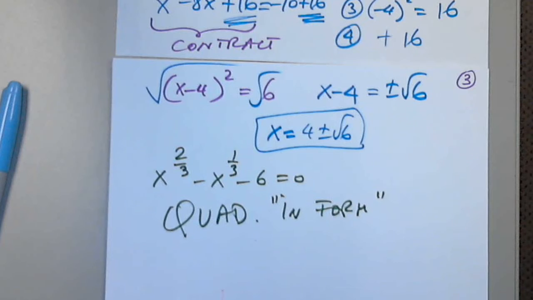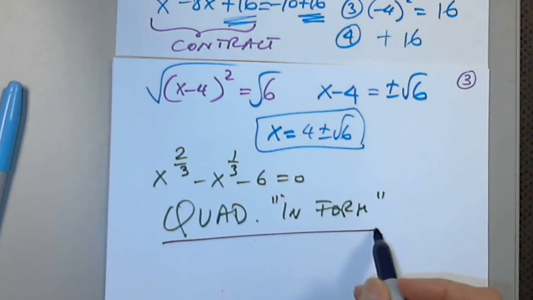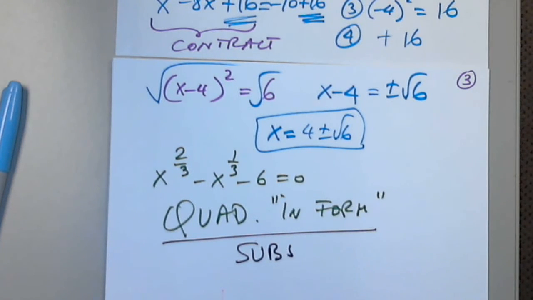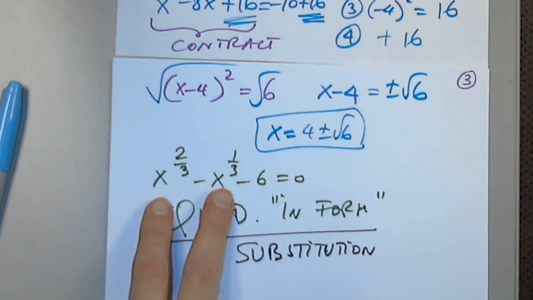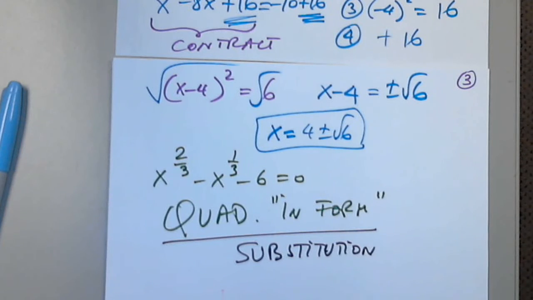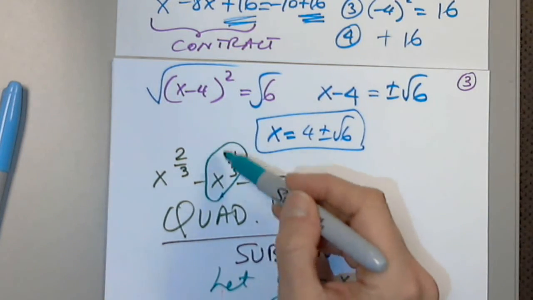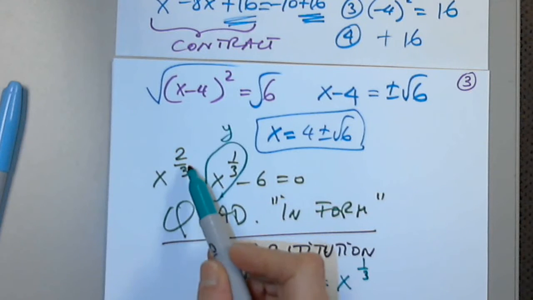Okay, so quadratic in form. When we say quadratic in form, we are thinking of a substitution. Which of these two will I consider, let's say, let y be? Yes, x to 1/3. Why x to 1/3? Why will I consider this to be y and not this one?